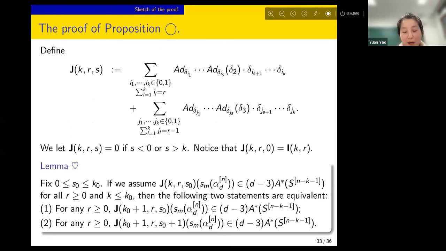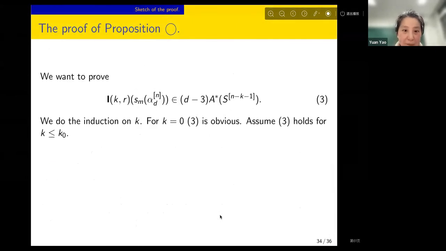We use a lot of inductions and there are a lot of complicated notations, so it's a bit technical. But it somehow is very geometric, right? You see this delta, it seems like some map, but it comes from geometry. That's what we want to prove, and this proves proposition circle.